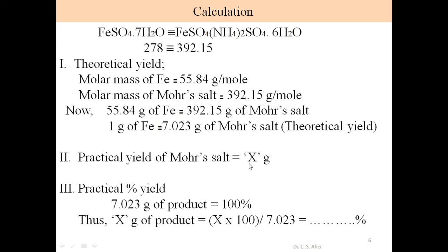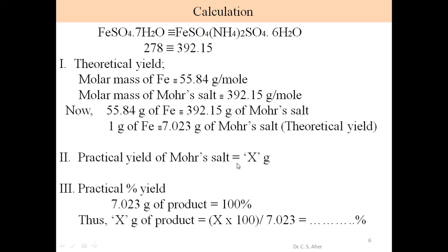For example, suppose 5 gram of Mohr salt is obtained. So X is equal to 5. 5 into 100, 500 divided by 7.023, that gives 71.19 percent. So this is a simple calculation.